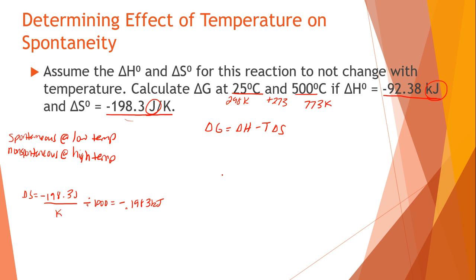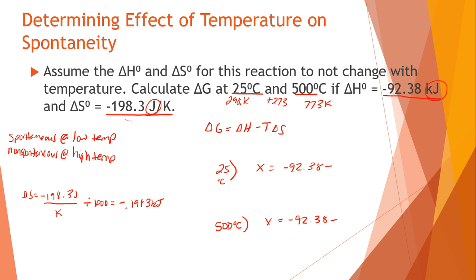Then you can go ahead and plug those into your equation. So the first one we're going to solve for is 25 degrees Celsius, and the second is 500 degrees Celsius. So here we don't know G, so we put an X. Our H value is negative 92.38, minus, and here's where you plug in your temperature.